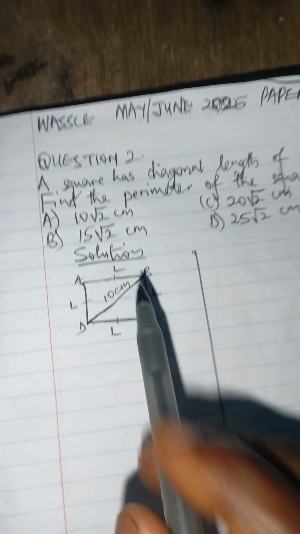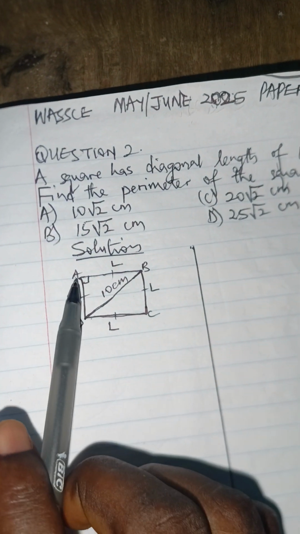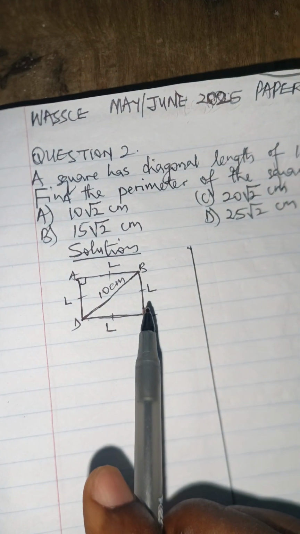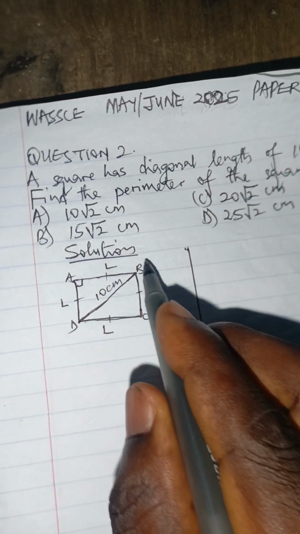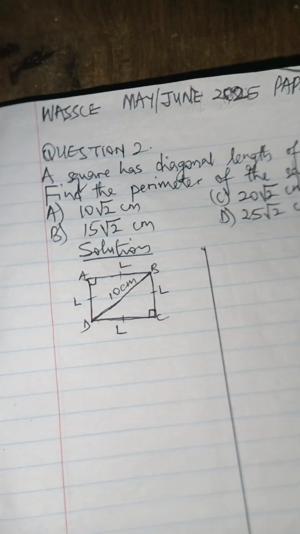We have triangle DAB, and we have triangle BCD. This is a right angle triangle.